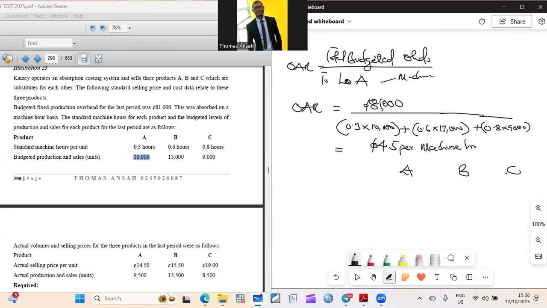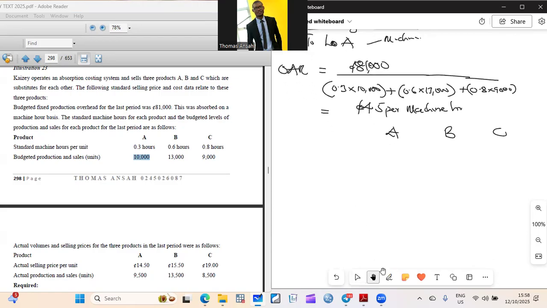So you do A, B, and C. What is the selling price for A? The actual selling price is given, so you shouldn't waste time. 14.50.